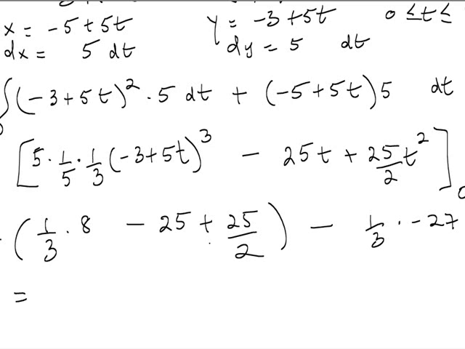Okay. So whatever you get, add 9. What's that? So it's 8 over 3 minus 25 plus 25 over 2 plus 9. 49 over 6? Yeah. Sweet.